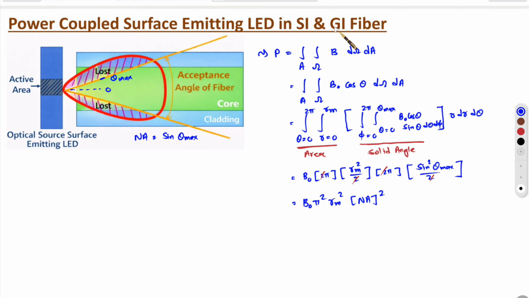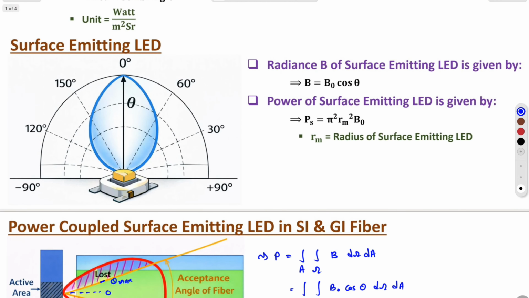Now here there are few basics that you need to understand. First of all, I'll explain the calculation of power coupled by surface emitting LED inside step index fiber. Here power coupled of LED inside step index fiber will be B naught pi square Rm square. I have already told you, this B naught pi square Rm square is power of surface emitting LED, right?